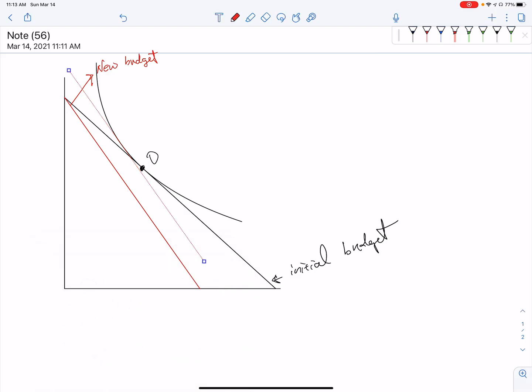So your new optimal decision is here. So this will be the substitution effect.